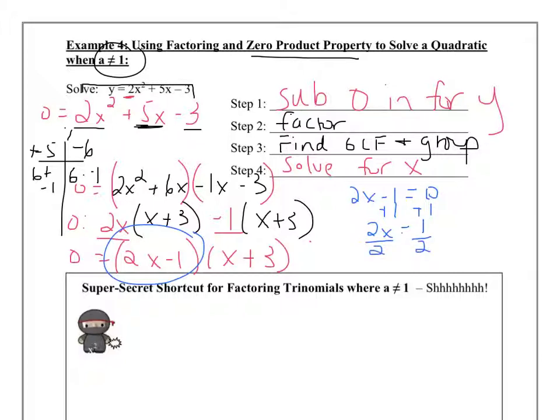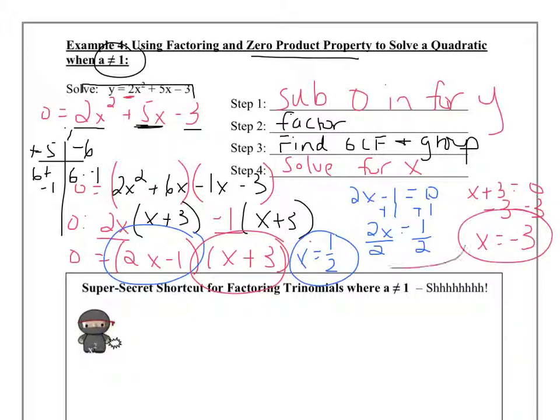Divide by 2. So x here is 1/2. In the second one, x plus 3 is equal to 0. Solve for x. x is equal to negative 3. So x is negative 3 or 1/2.